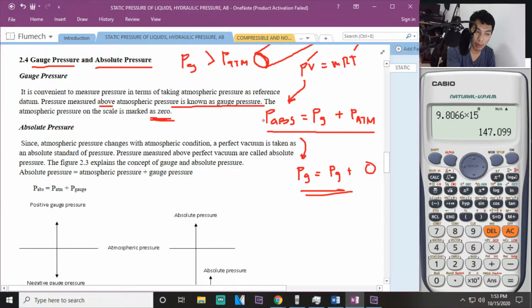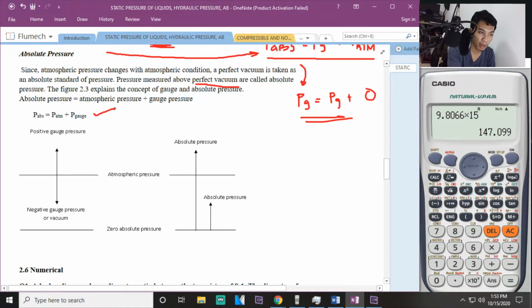Kaya mo nga ginagawa yung absolution ng pressure. Pressure measured above perfect vacuum are called absolute pressure. So, ito yung figure na mag-explain dyan. Pinaliwanag ko na sa inyo. Okay? So, positive gauge pressure, negative gauge pressure, ang tawag doon is vacuum. Kapag negative ang value, negative pressure gauge equal to pressure vacuum.